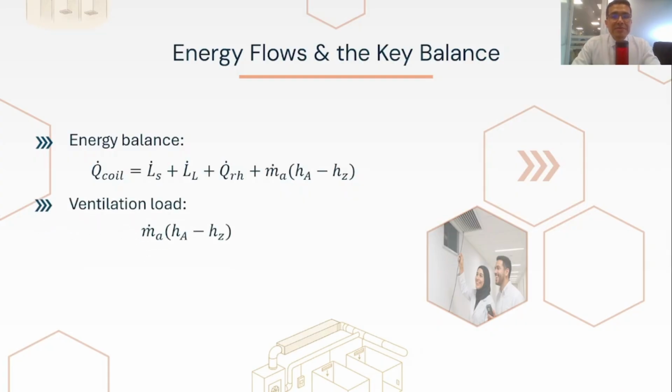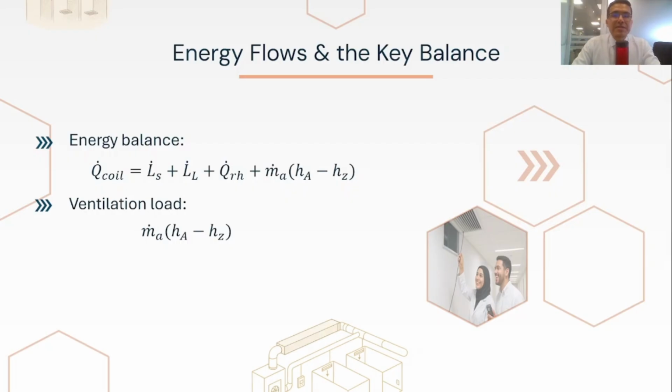Then the ventilation term, that is this MA times the enthalpy difference, captures the energy to cool and dehumidify the outdoor air before it is supplied. When outdoor humidity is high, this term can dominate. Notably, air does not accumulate, so ventilation flow equals exhaust, and the mixed air state sets the coil inlet.